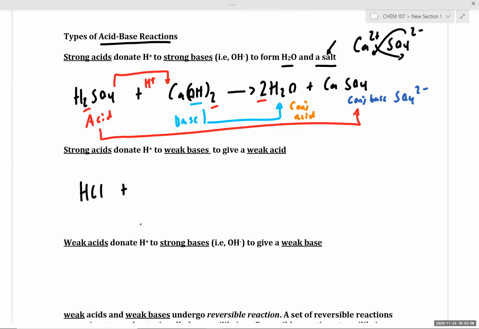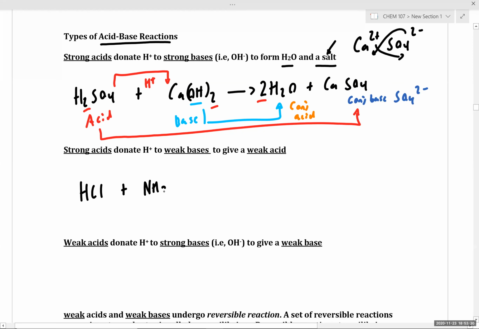Does anyone have an example of a weak base? What's our go-to weak base? Ammonia.